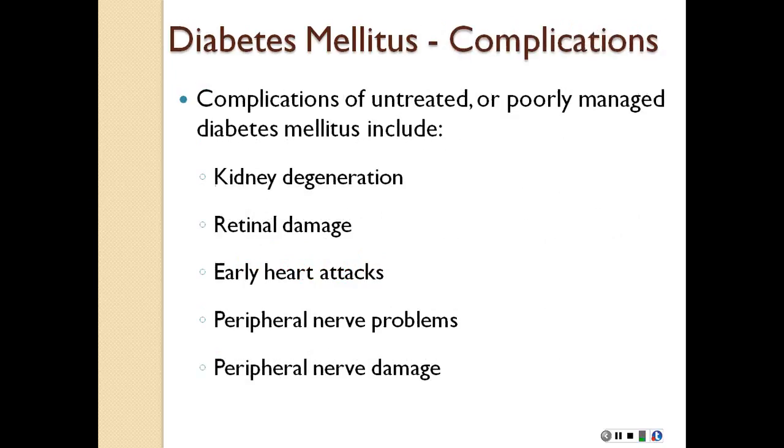Some of the complications of untreated or poorly managed diabetes mellitus include kidney degeneration, retinal damage, and by retina, you know how important that is. That's where our photoreceptors are. Also early heart attack, peripheral nerve problems, and peripheral nerve damage.